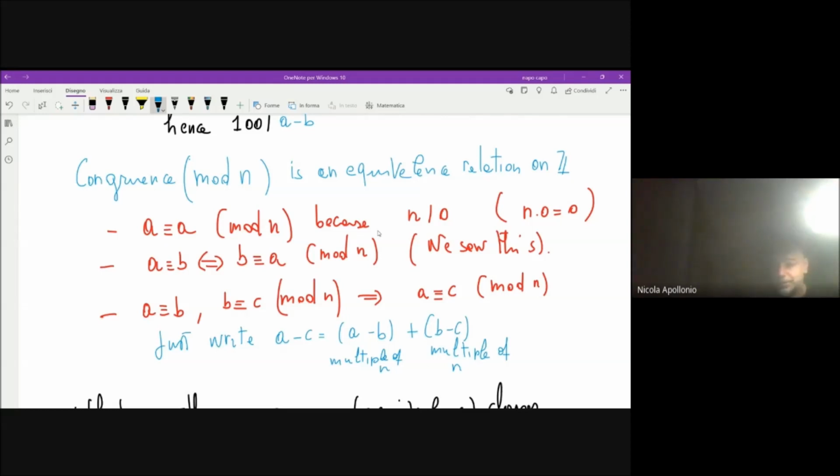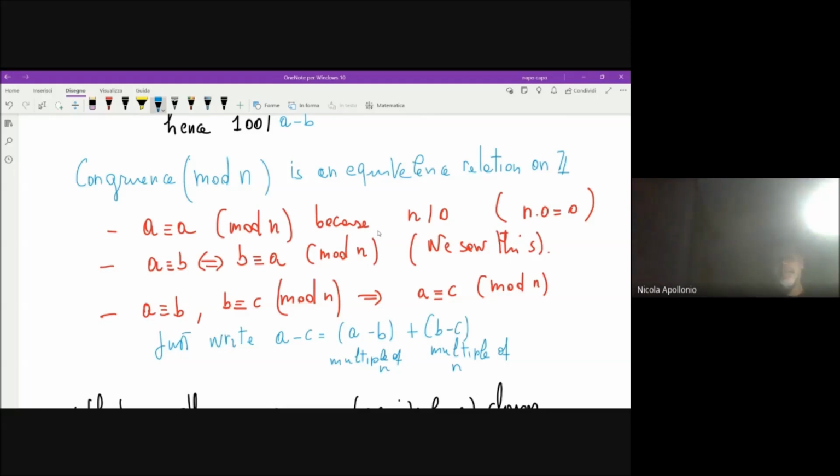number is congruent to itself because every modulo divides 0, which is the difference between the number and itself. So it is trivially reflexive. We already have shown that it is symmetric, that is A congruent to B modulo n if and only if B is congruent to A modulo n, and it is trivially transitive.